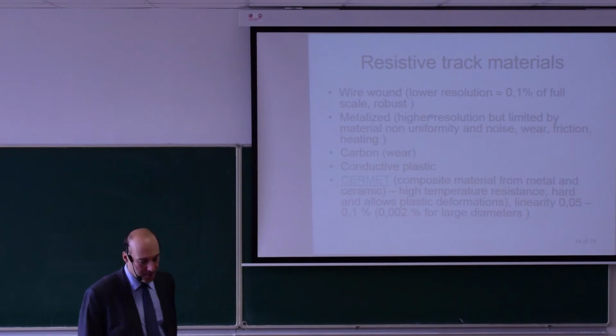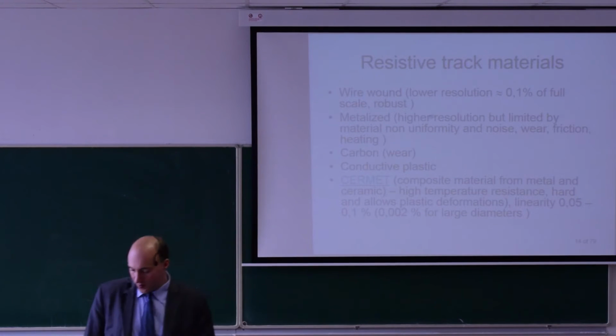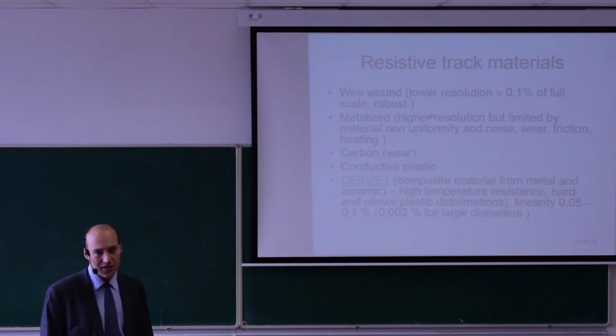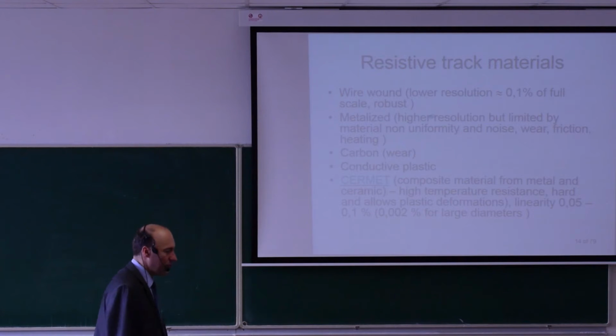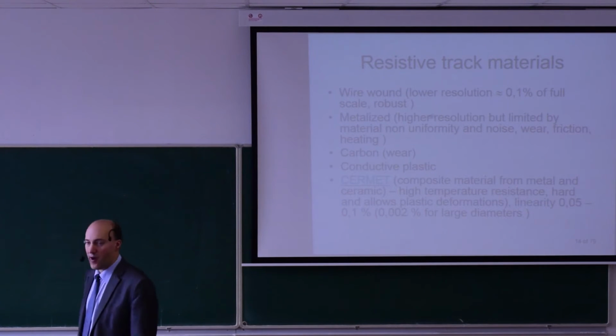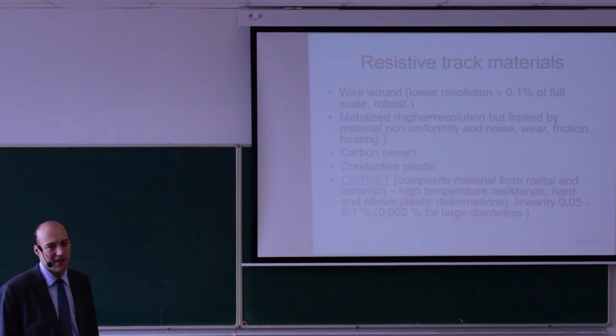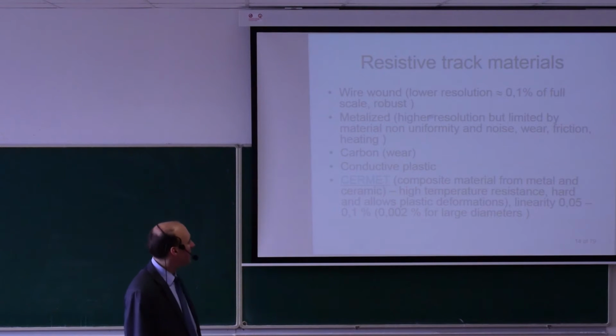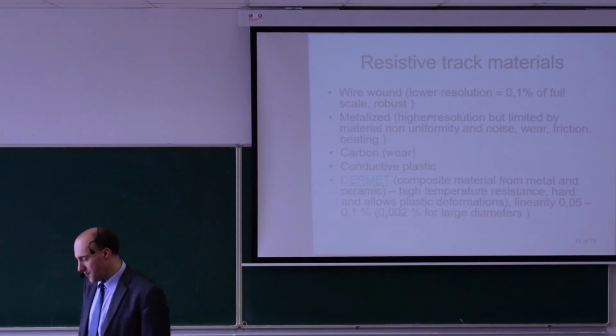Now, what is it made from? The sensor has a resistive track, and this resistive track can be made from different materials. It can be made from a wire, then we'll call this a wire wound sensor. It can be made from an alloy of ceramics and metal, but all those materials will have different properties.